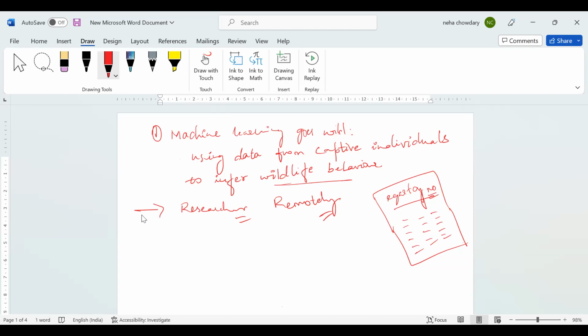The main goal of this research, this remote tracking of captive individuals, was to study and infer the behavior of wild, free-roaming animals from acceleration data by training behavior classification models on captive individuals, without the necessity to observe their wild conspecifics.